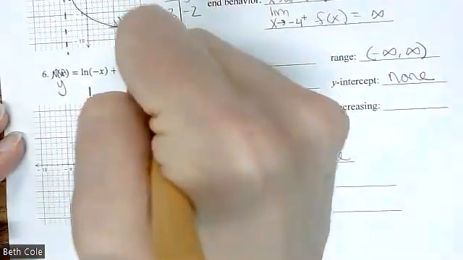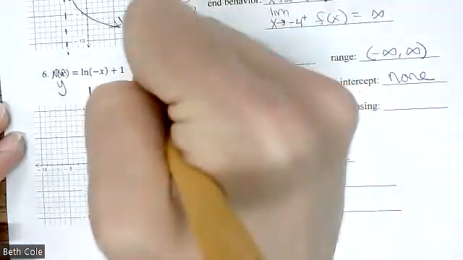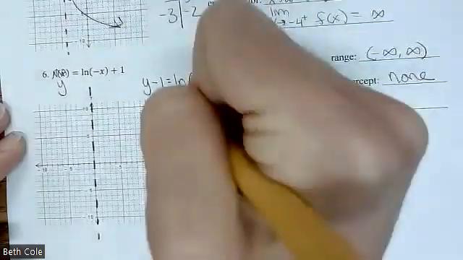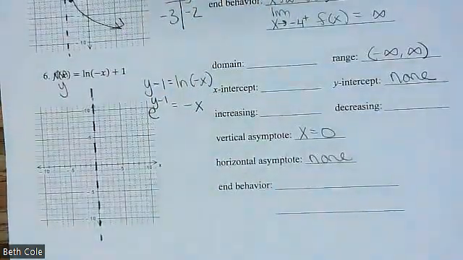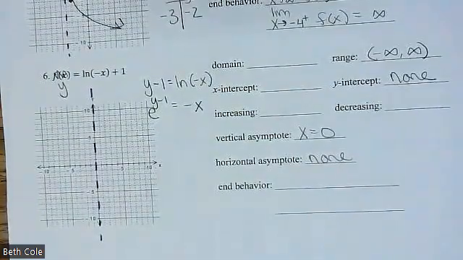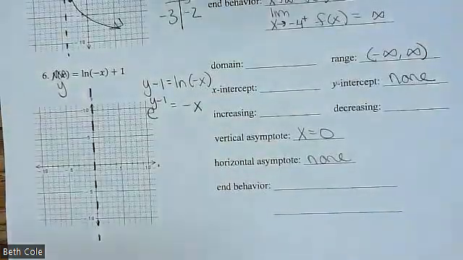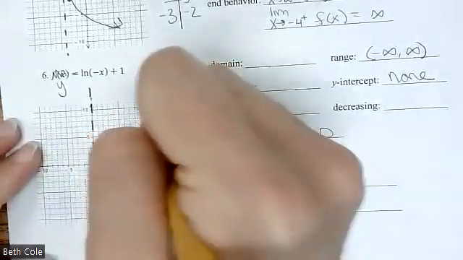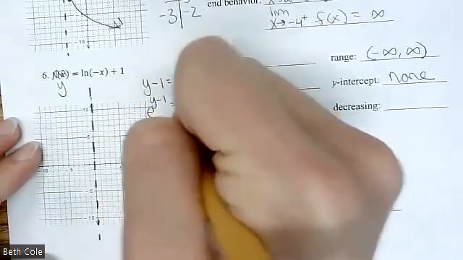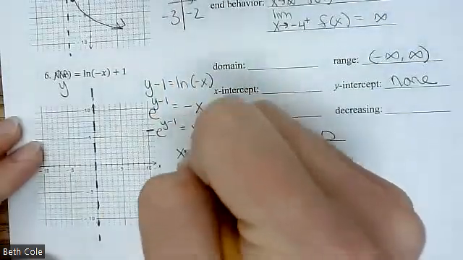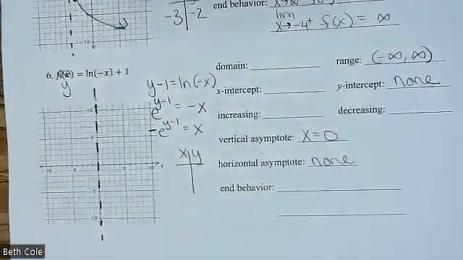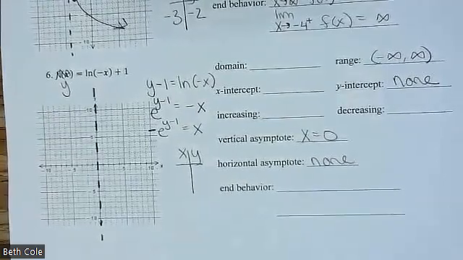So it's e to the power y minus 1, good, equals negative x. And then last step, yep, multiply by a negative, divide by a negative, however you want to say it. Basically just move the negative to the other side. And then what you do is you plug in for y and you get x. You're literally doing the whole thing backwards.